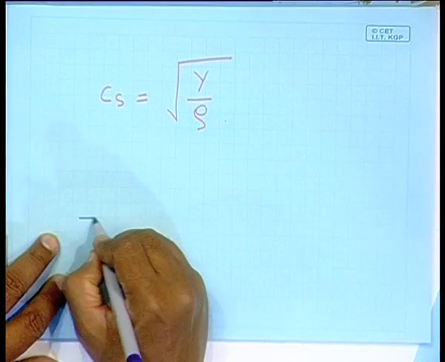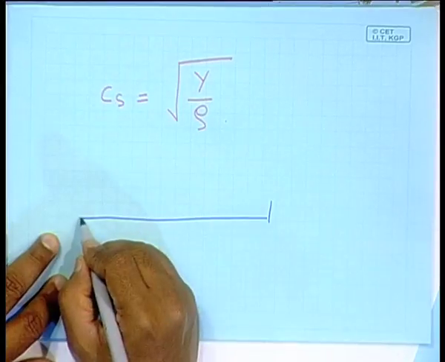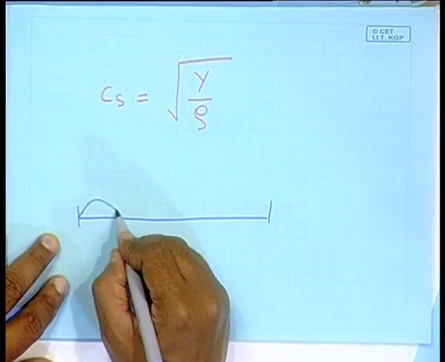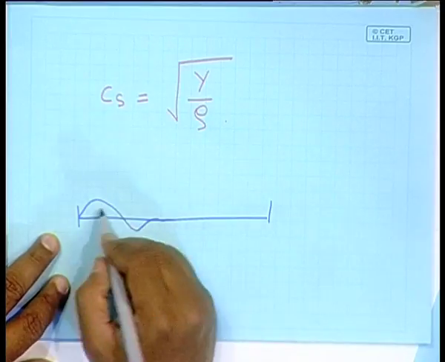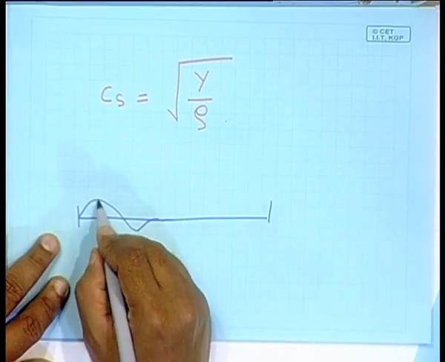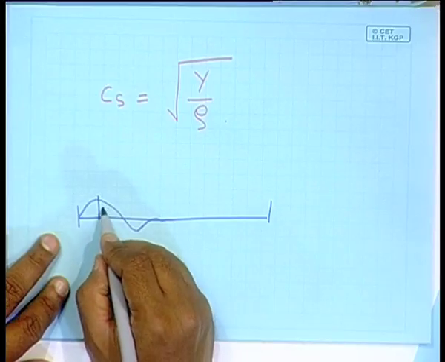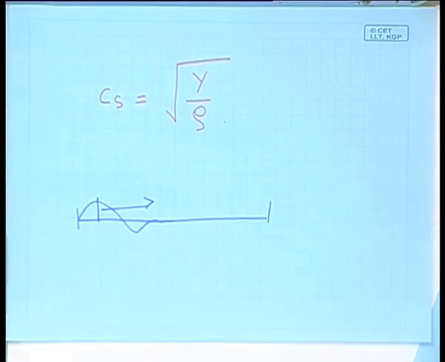So, for example, if I had an elastic string like this and I introduced a disturbance in this string, the disturbance would propagate. In this case, the disturbance is in the direction perpendicular to the direction in which the wave would propagate. It is a transverse wave. The wave that we have considered just now, the elastic wave, is a longitudinal wave.